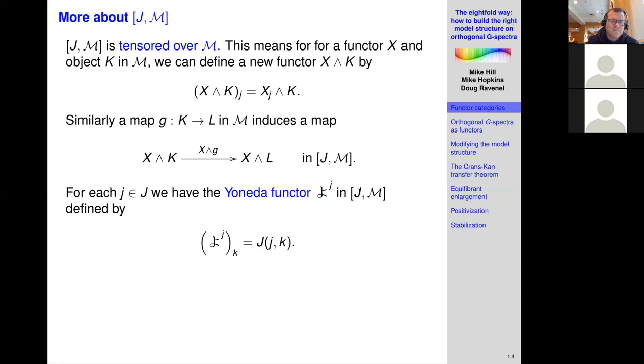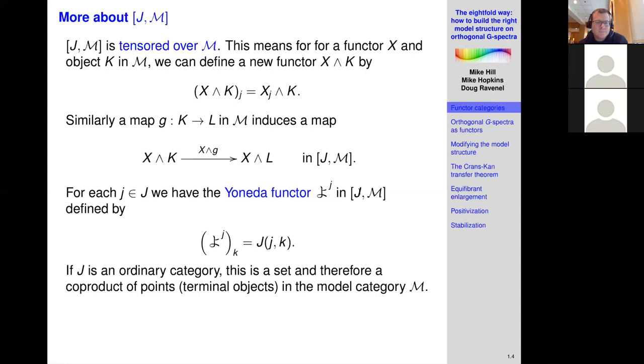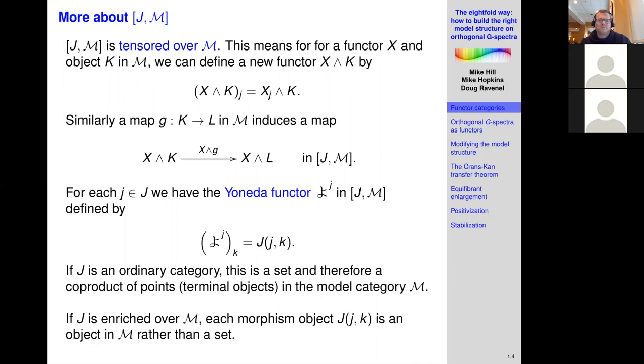So the little j is fixed and the k varies here. If J is an ordinary category, this is a set, and it's a coproduct of points in the model category. And if J is enriched over M, then each of these morphism objects is an object in M rather than a set.